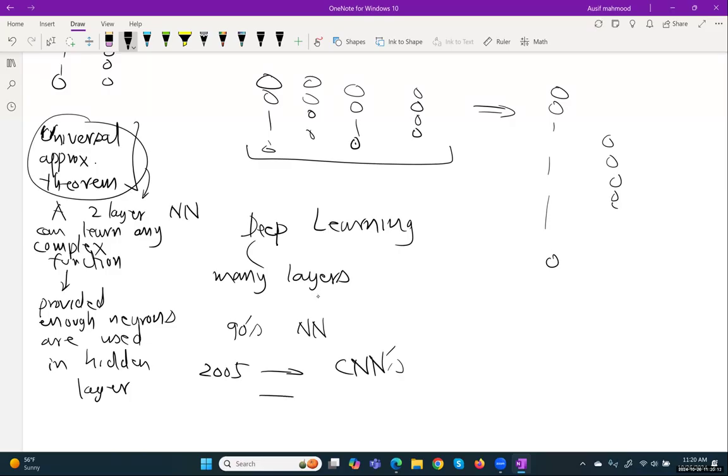And it was demonstrated that if we use many, many layers, sometimes even thousands of layers, it does a much better job than just a 2-layer network, right?